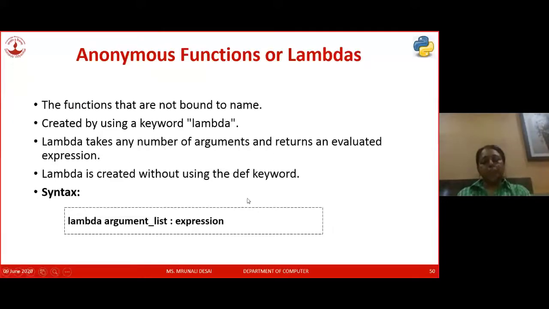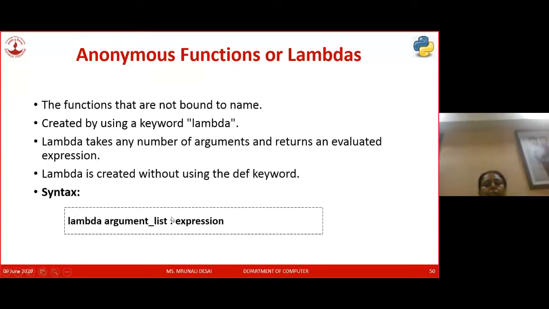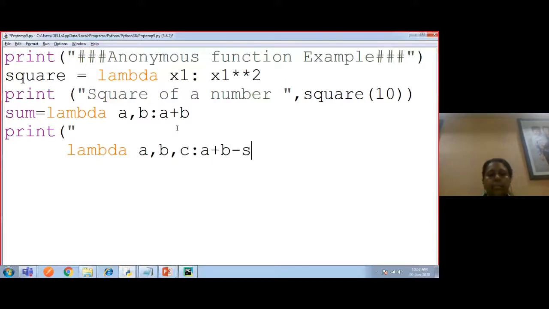For example, a plus b minus c requires 3 parameters, so you pass a comma b comma c as your argument list and write lambda a, b, c colon a plus b minus c. So this is one lambda function.